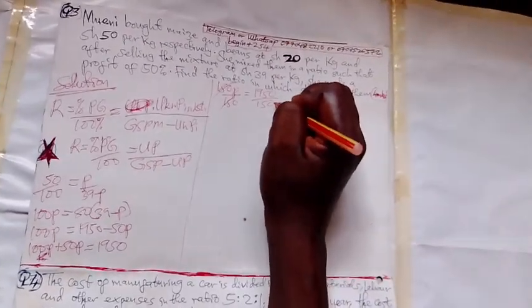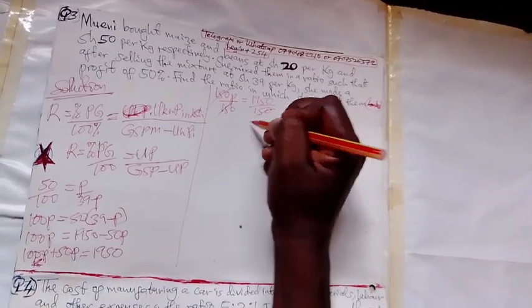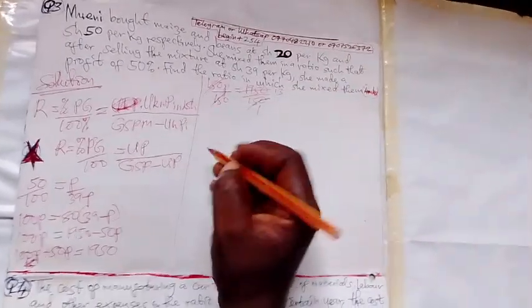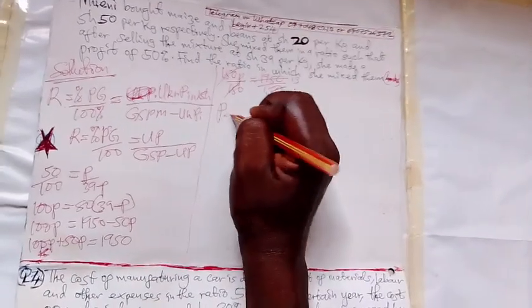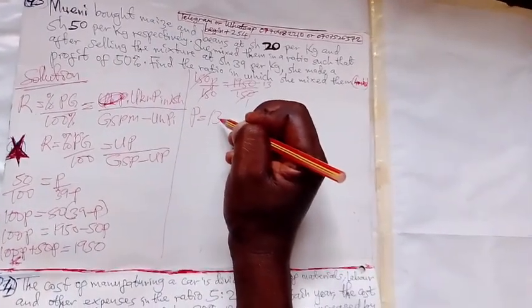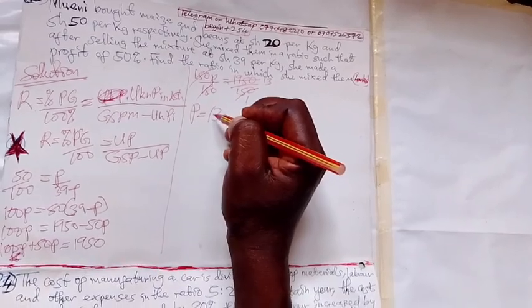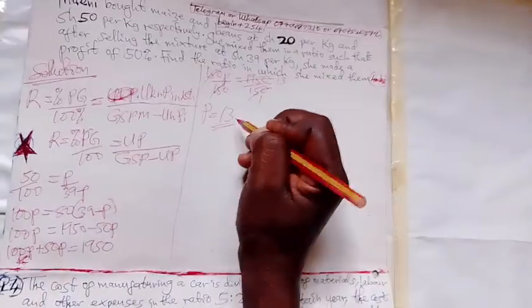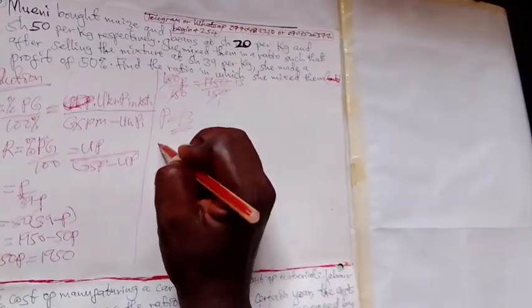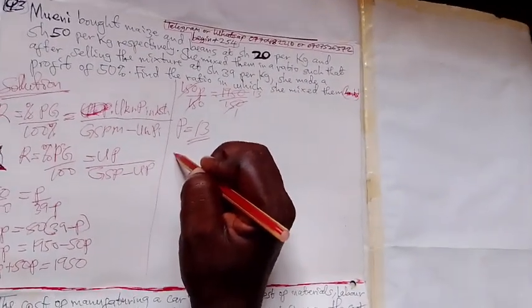So this will give us 13. So our profit is 13 shillings.